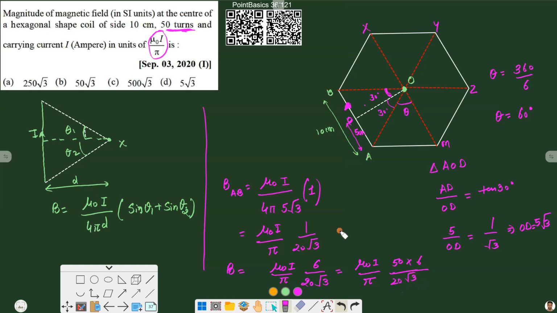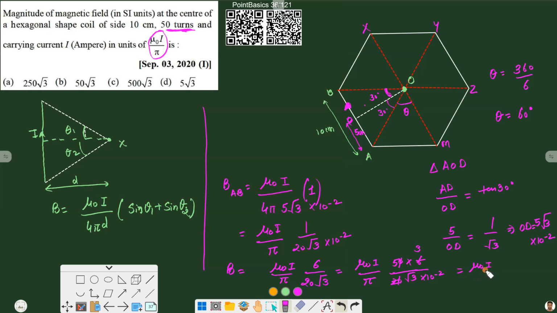And I think the answer should be in terms of meters, because here we have length in centimeters. So OD should be multiplied by 10 raised to power minus 2 meters. So here we have 10 raised to power minus 2 in the denominator, which will become 10 squared.